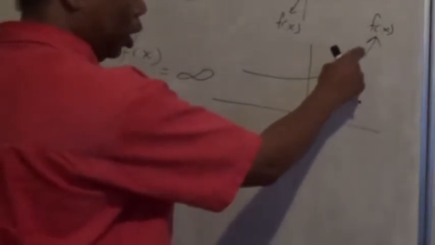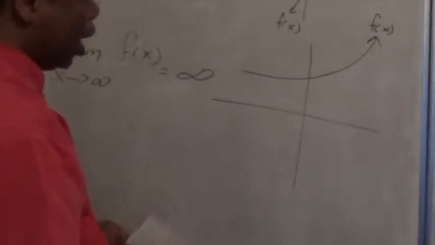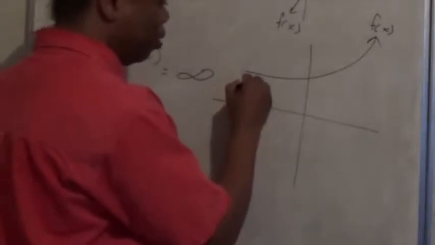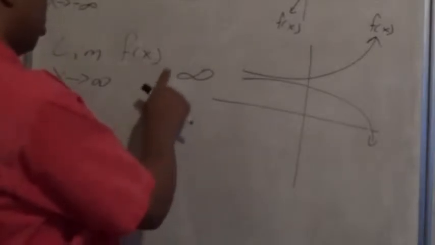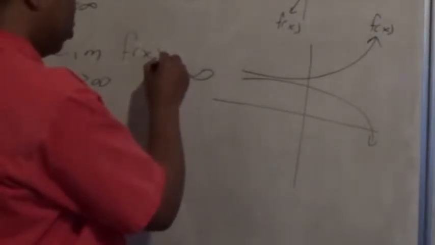It's steadily going up. And it can also happen that f could go down, and that'll be negative infinity. So there's two possibilities, plus or minus infinity.